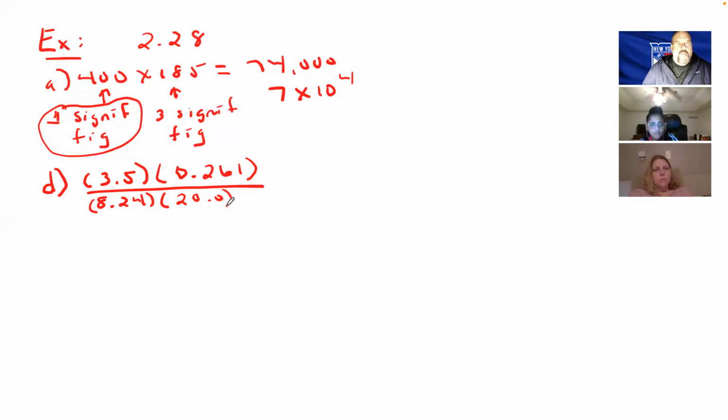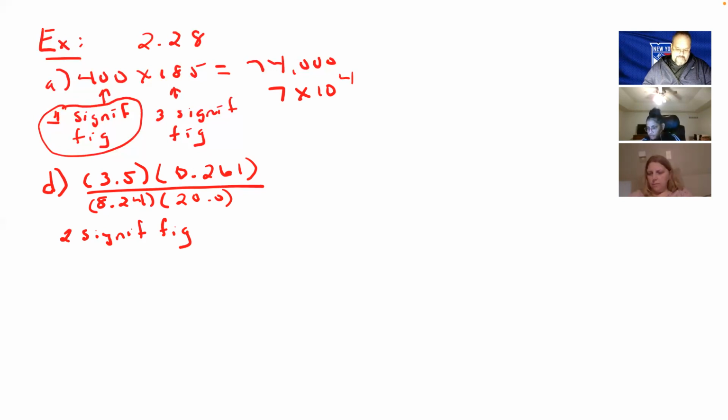Because if you think about what we have here, based on the numbers that are given, our answer is only going to have 2 significant figures. Because the 3.5 has 2, the rest of them have 3. So our answer can only have 2 significant figures. With my calculator, I would do 3.5 times 0.261, and that gives me 0.756.